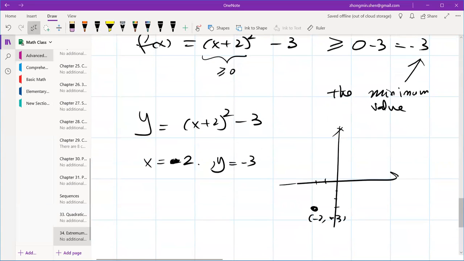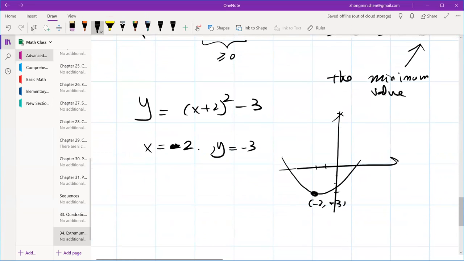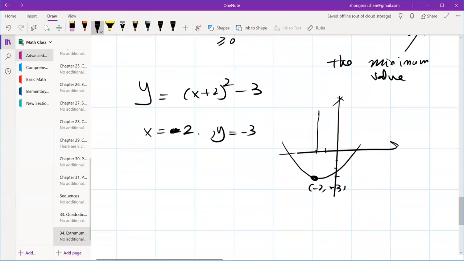Yeah, this is the minimum value, right? So it has a minimum value, the graph opens upward. And the y value is always greater than or equal to -3. So it's curved up. Then the axis of the parabola is going to be x equals -2.